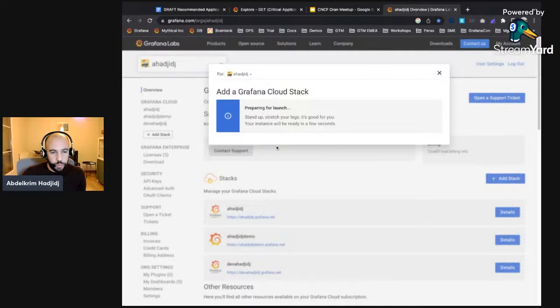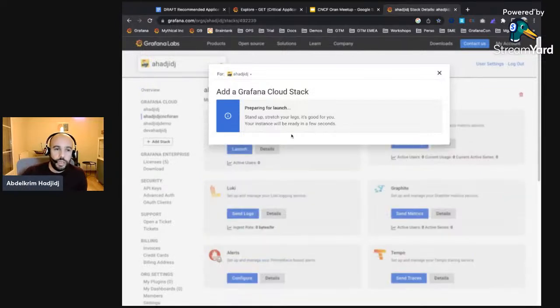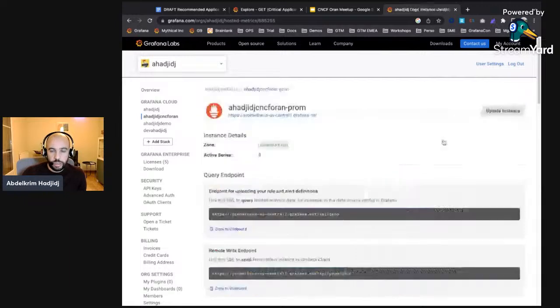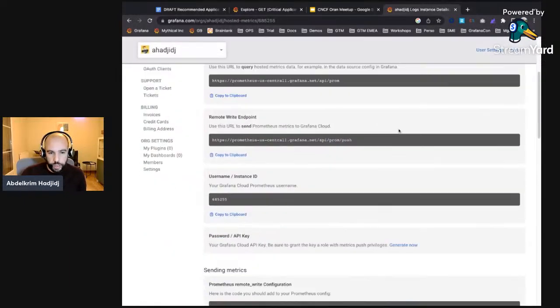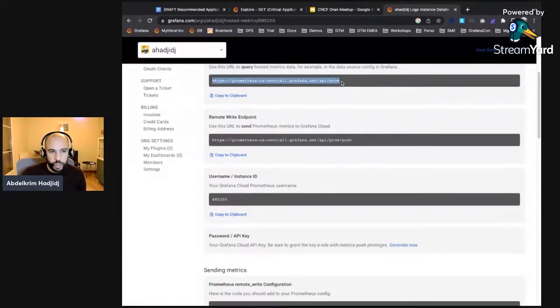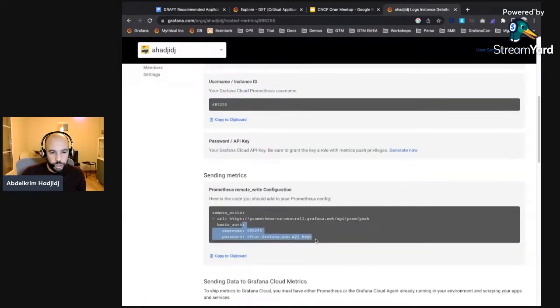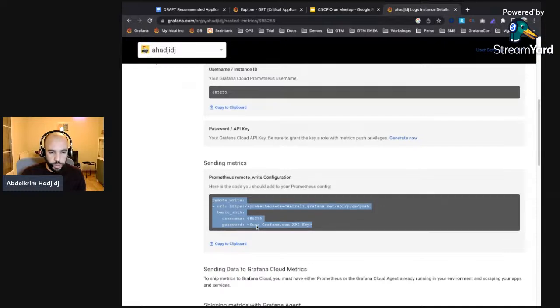And then what happens behind the scenes is you get everything deployed for you: Grafana, Loki, Mimir, and Tempo. And you have the information that you can use to start pushing the data. So you have the endpoint, and you have the user ID, and also the configuration that you need to add into your agent or Prometheus or something like this.